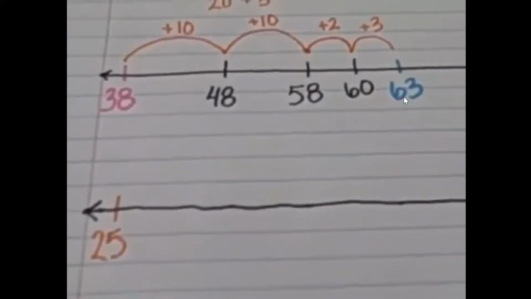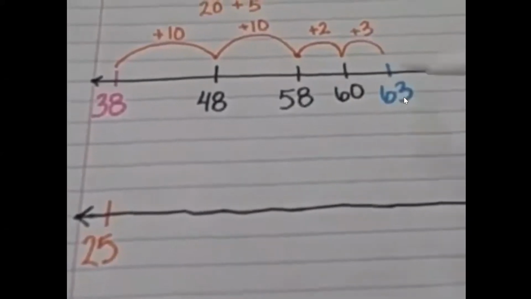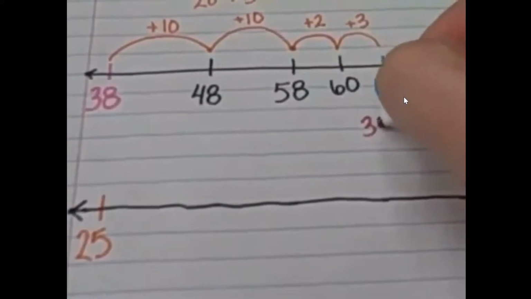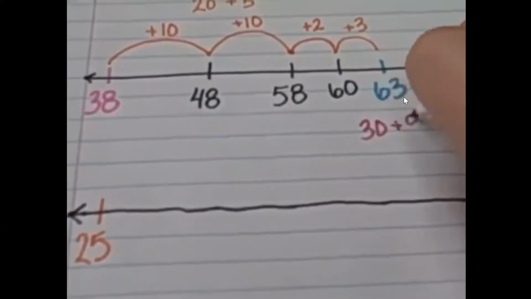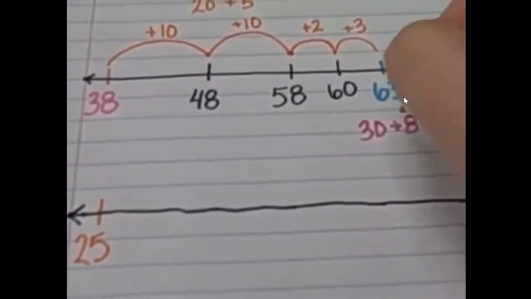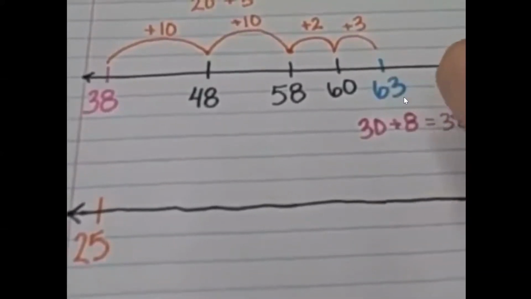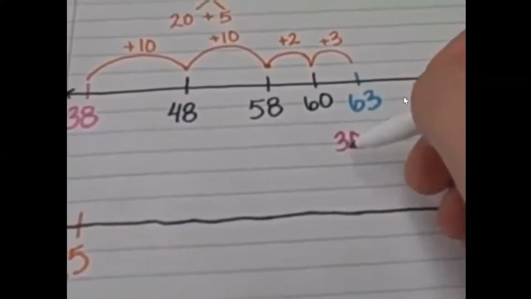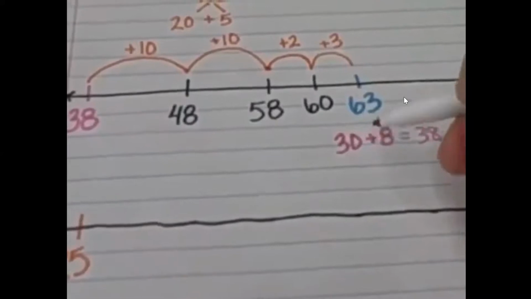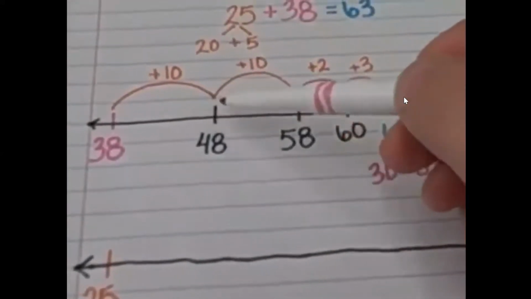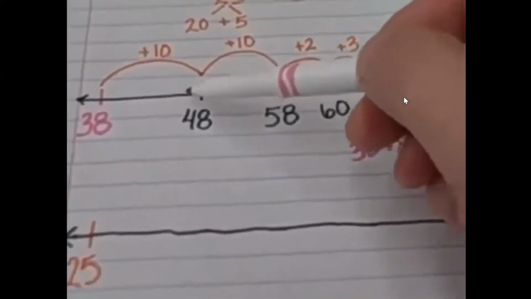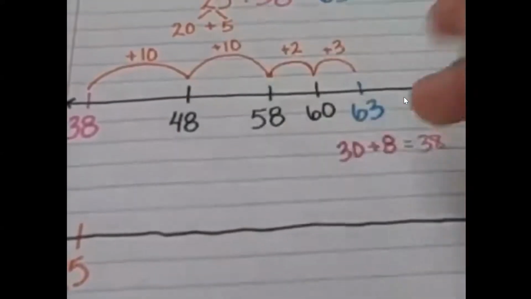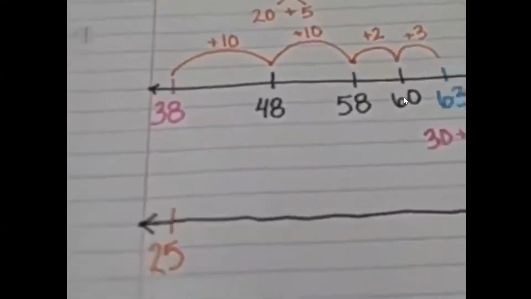Okay, this time starting at 25, that means I'll decompose 38. 38 has 3 tens, which will equal 30, plus 8 equals 38. Okay, so 30 can be broken down into 3 tens, or it can stay as it is. Because I showed you how to break down 20 into 2 tens earlier, you should know how to make 3 tens equals 30.